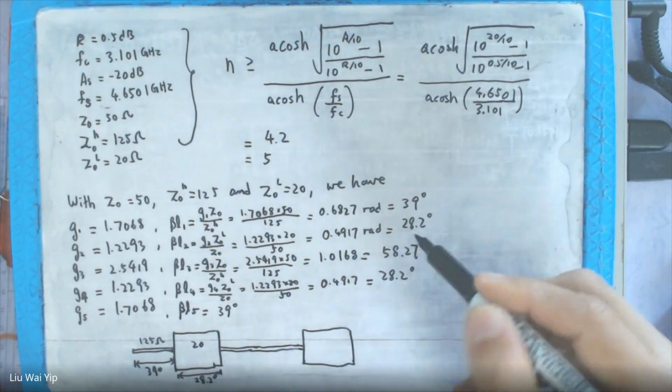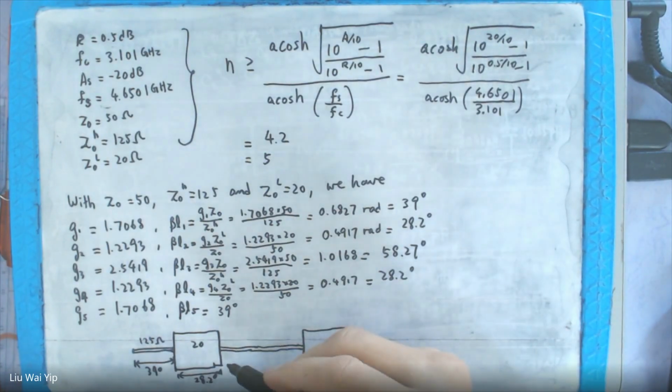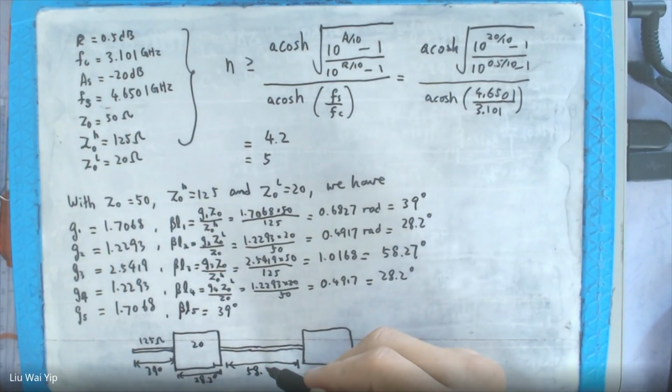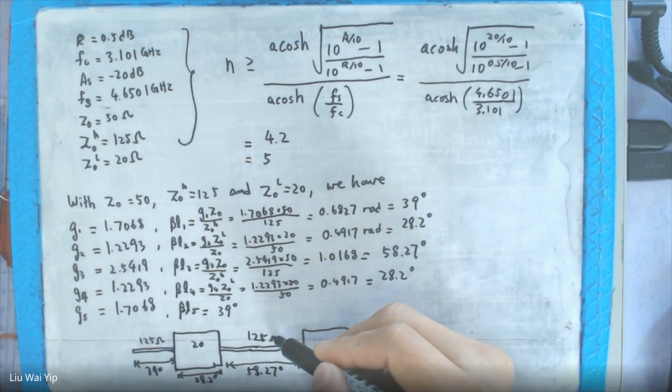According to my calculation here, the length is 58 degrees, and the impedance is 125 ohm.